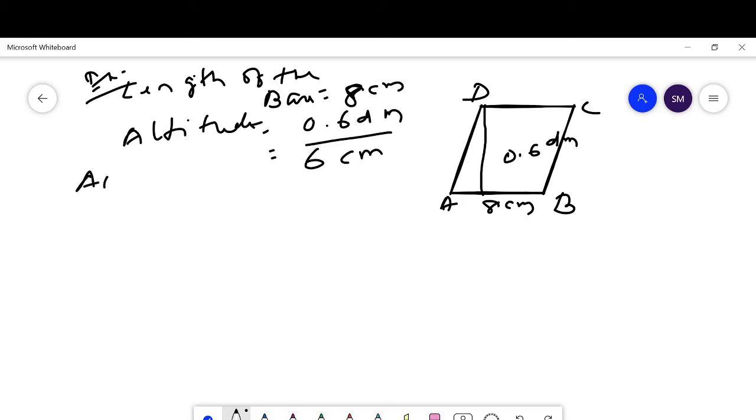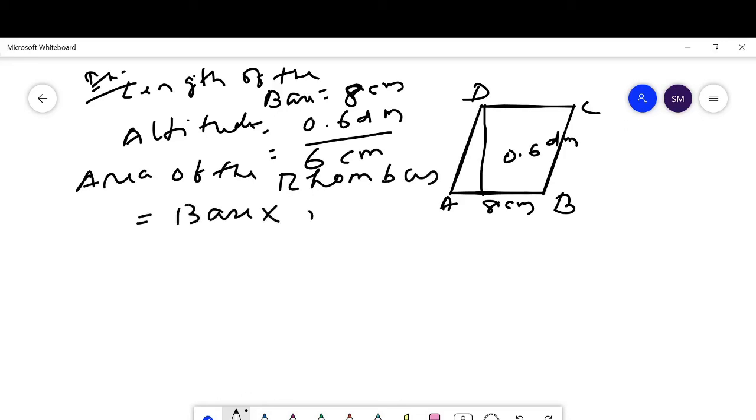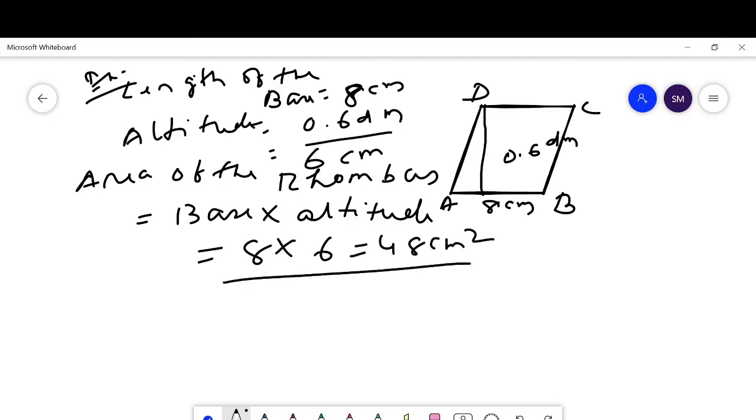Then area of the rhombus is base into altitude, which is equal to 8 into 6, 48 centimeter square. Here the area of the rhombus is 48 centimeter squared.